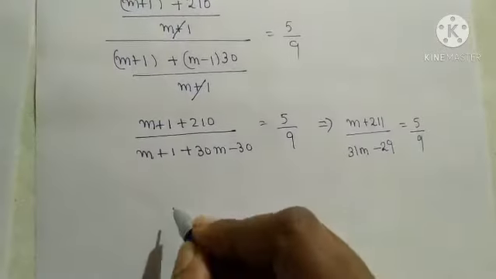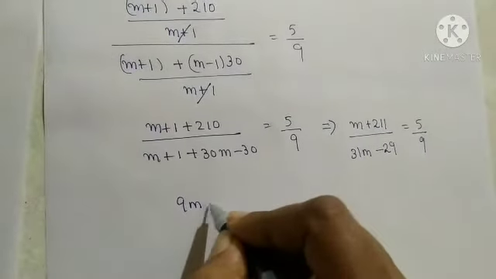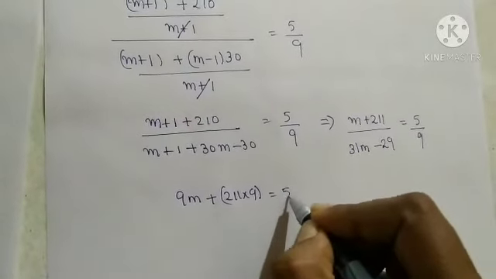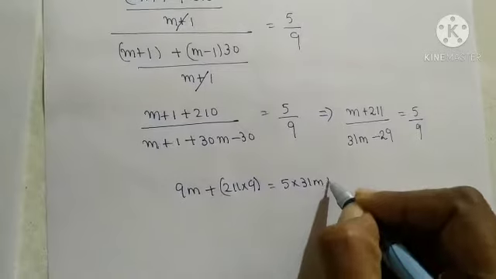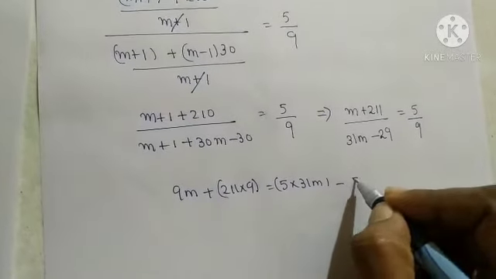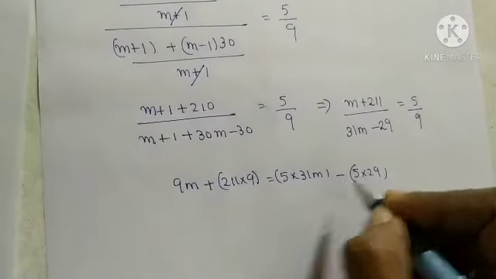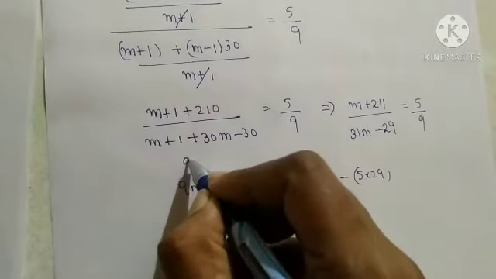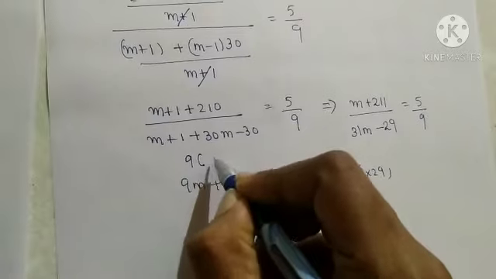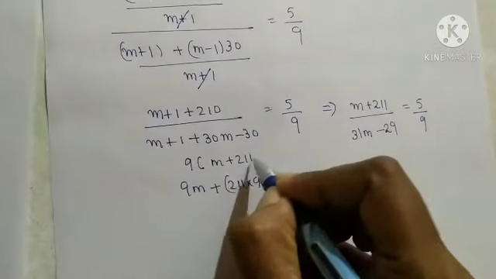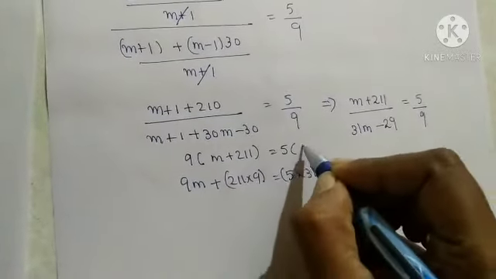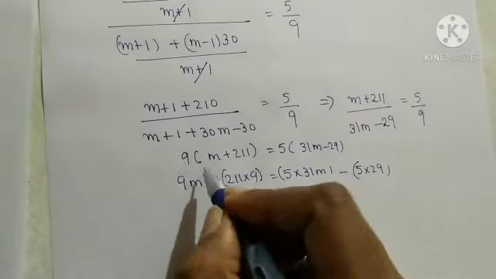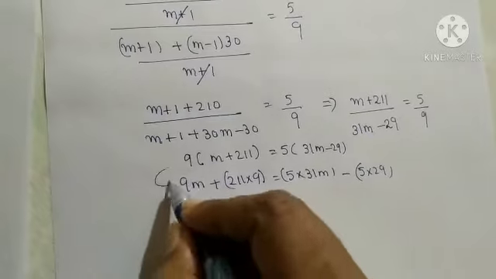Cross multiplying, we get 9 into (m plus 211) equal to 5 into (31m minus 29). If you have any doubt, I am writing this step. Opening this bracket, we get this step.